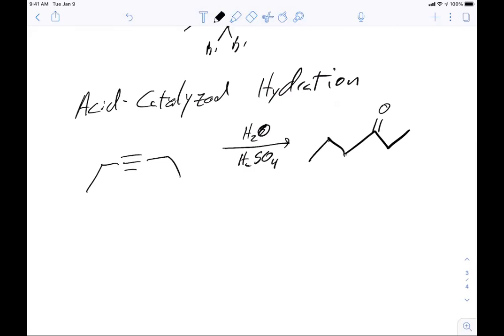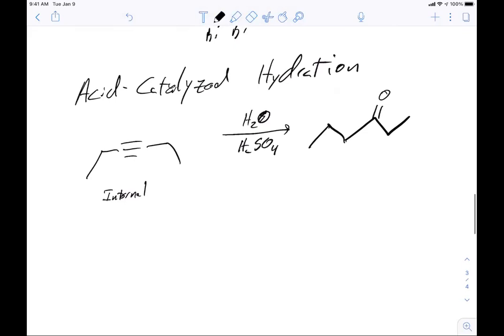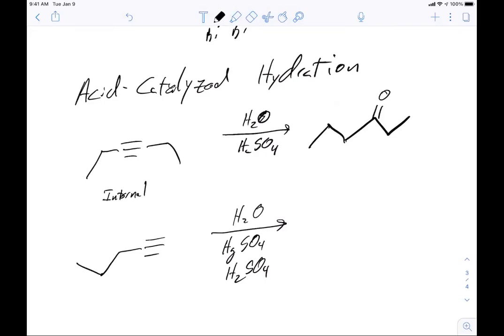If we have an internal, then just acid and water is usually sufficient. If you have a terminal, it needs a little bit more help. And they use a mercury salt, so mercury sulfate if you're using sulfuric acid.